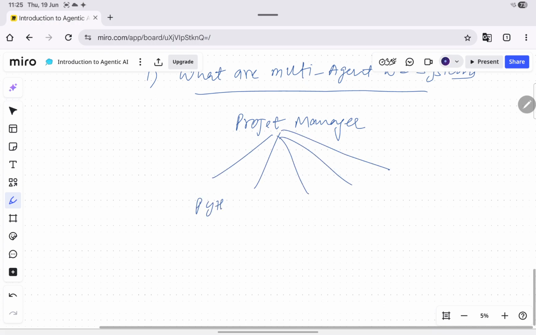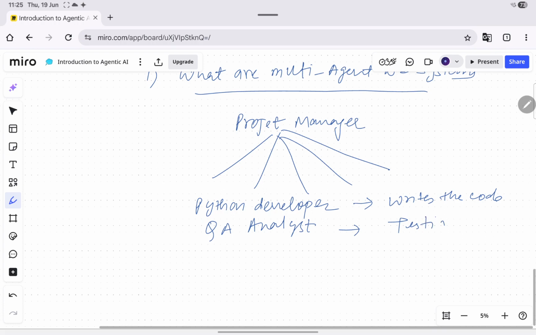Suppose you have a Python developer who writes the code. In a similar way, you have a QA analyst who does the testing of the application. Then we have the DevOps engineer who handles the deployment. So each person has a specific role and some specialized expertise. They work together, but each focuses on what they do best. This is the approach of a multi-agent system.